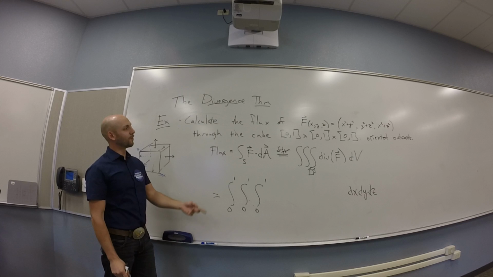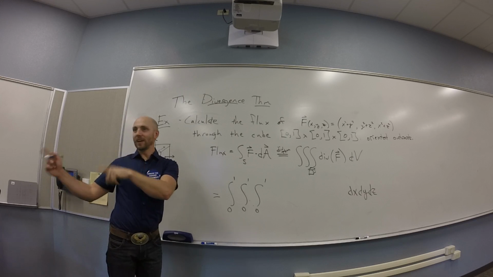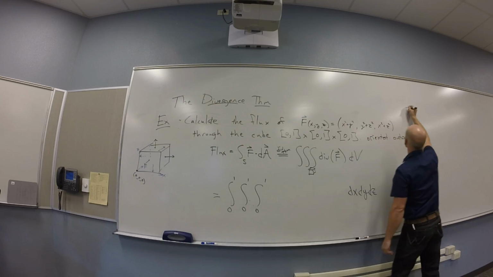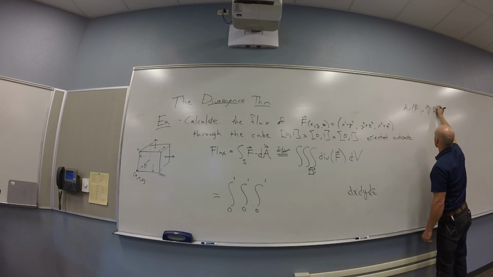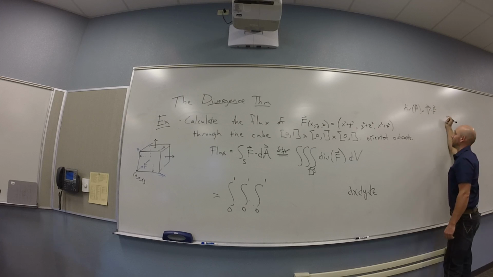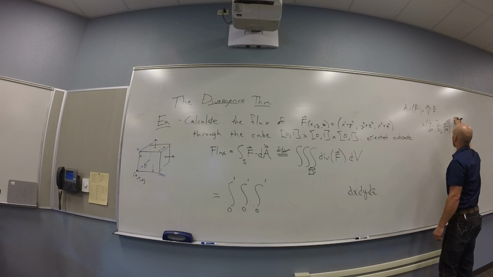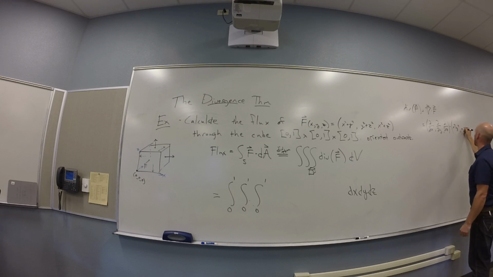Now, what's the divergence of F? You need to take the idea of a gradient and dot it with F. So the divergence of F should be the gradient, the partial with respect to x, the partial with respect to y, and the partial with respect to z, dotted with x squared plus y squared, comma, y squared plus z squared, comma, x squared plus z squared.